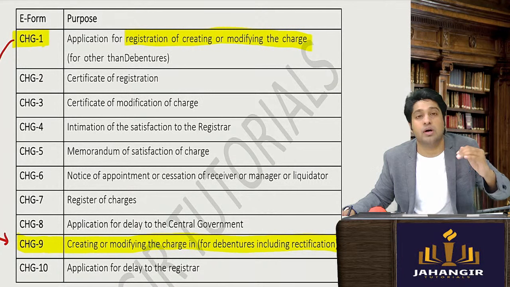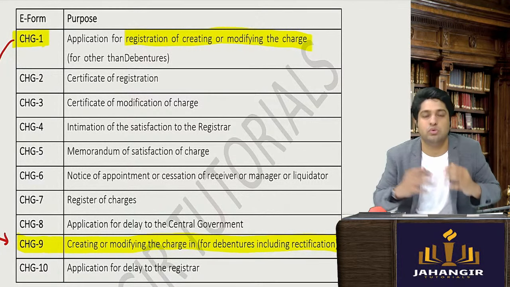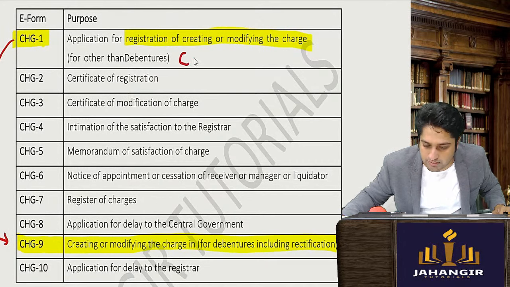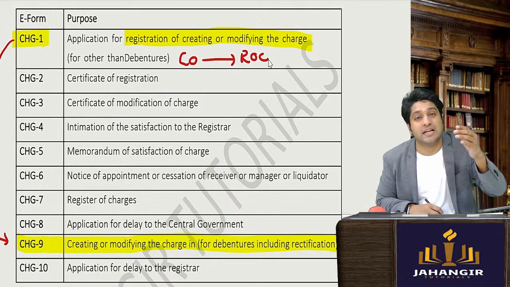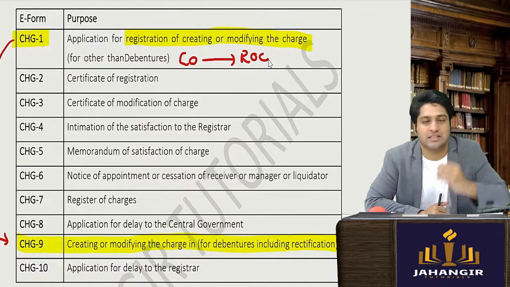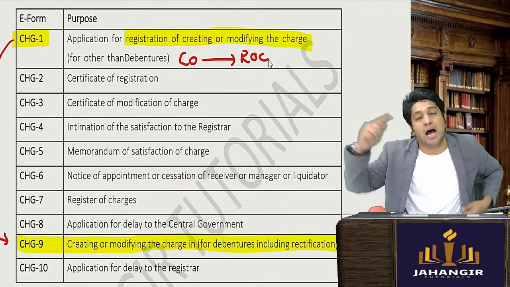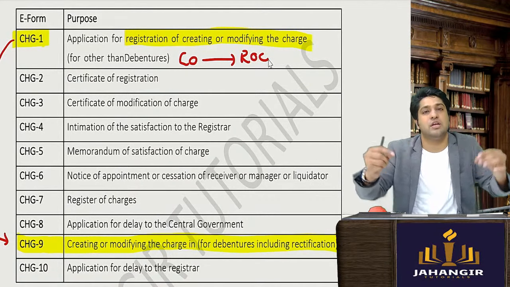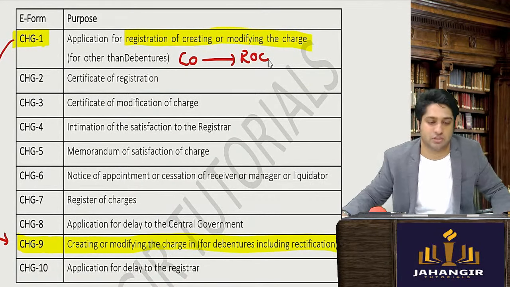Now the moment you apply, the company goes to the ROC for registration of charge. They file CHG 1. The ROC will then issue a certificate to the company that congratulations, your charge has been successfully registered.